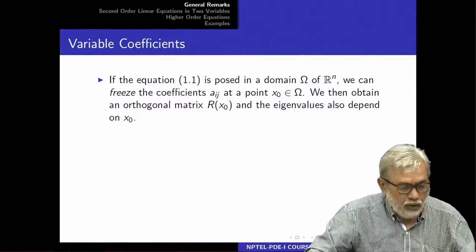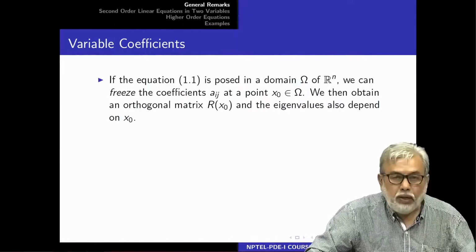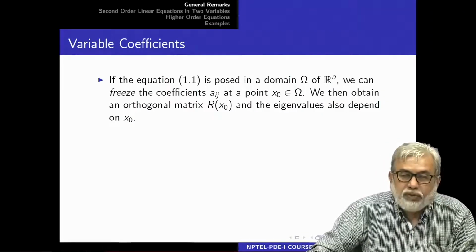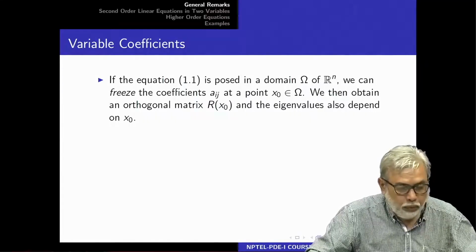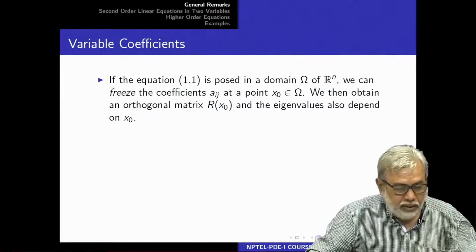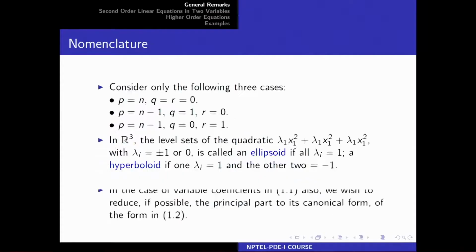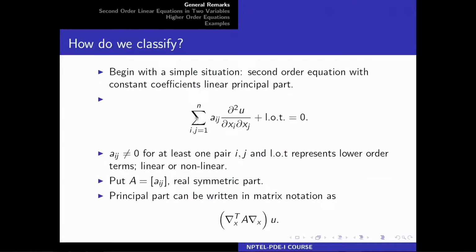Now we move on to variable coefficients. Again let me go back there. This equation, and now we are considering variable coefficients. So, these a i j depend on a variable x in some open set in R n.